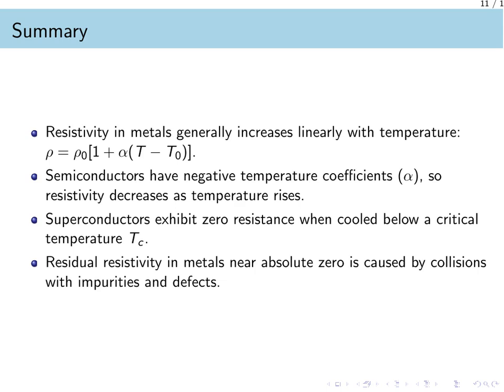Next, we explored superconductors, a special class of materials that exhibit zero electrical resistance when they are cooled below their specific critical temperature. Finally, we noted that for normal metals, the residual resistivity observed near absolute zero is caused by electrons colliding with impurities and structural defects.